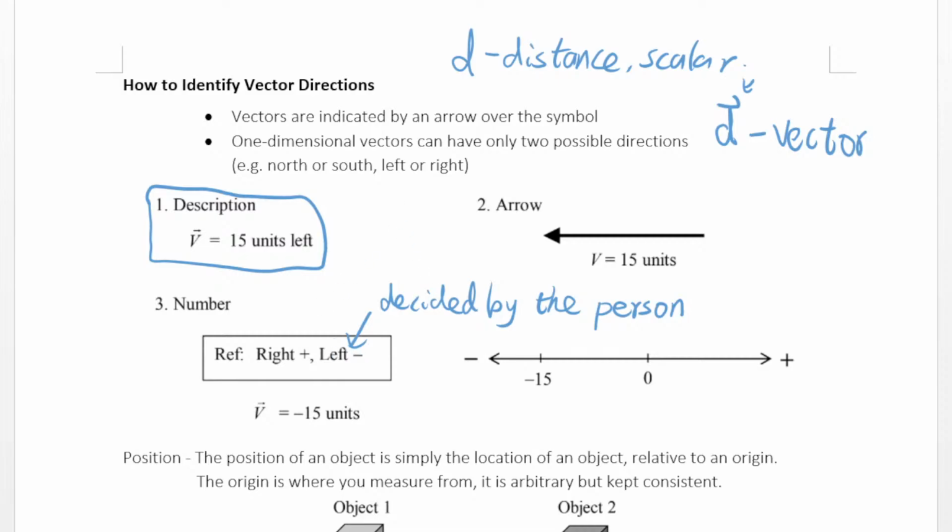So it is not the best way to communicate your results because somebody else may have a different reference, and you have to communicate your reference. So if you're going to use this, you must communicate your reference, and if you're my student watching this, I will require your answer to be like this. There should be no positive or negative directions in your work, if you are my student.